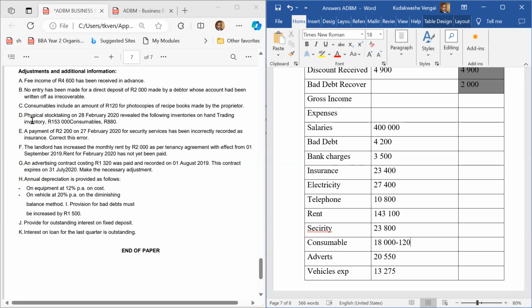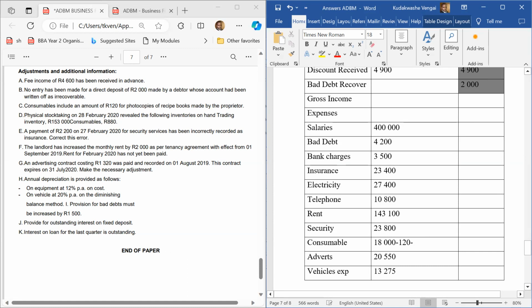We go to D, physical stock taking. On 28 February, revealed the following inventories on hand: 153 and 880. And 153 was trading inventory and 880 was consumables. So consumables, again, we are saying that there is stock that was not used by the organization in terms of consumables.